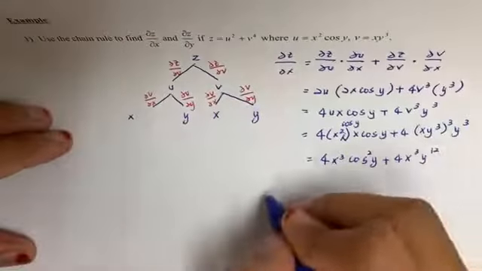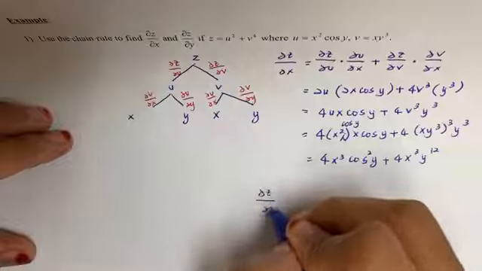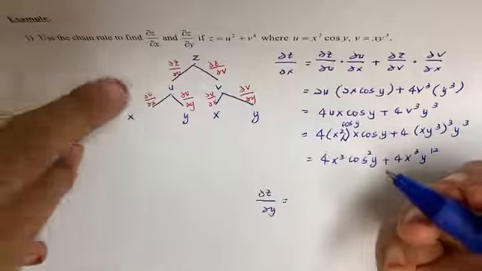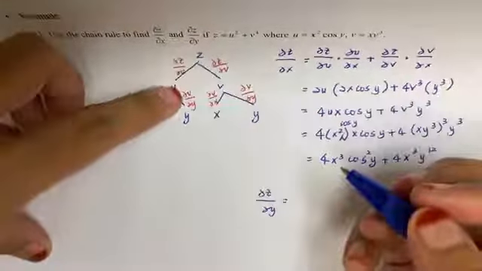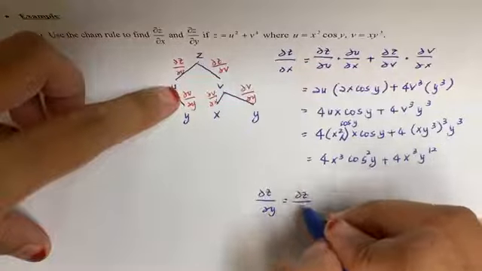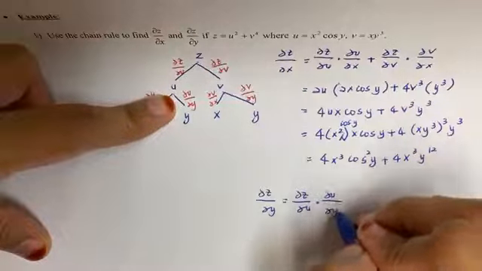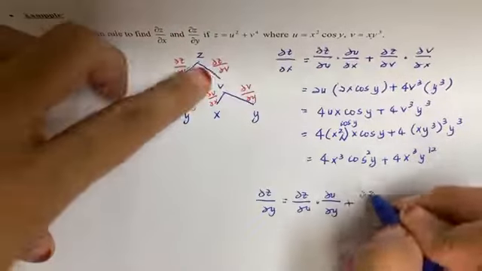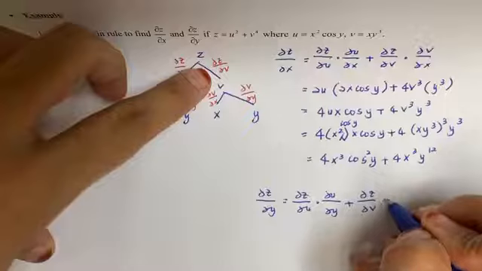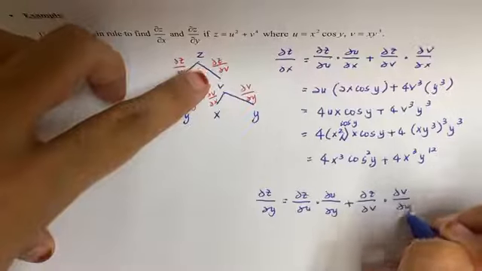Continue with finding del z over del y. This is equal to del z over del u multiplied by del u over del y, plus del z over del v multiplied by del v over del y.